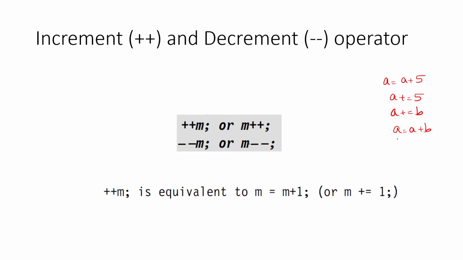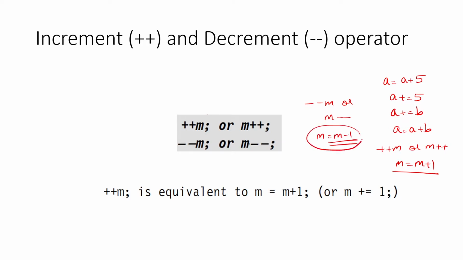Like that, when you write ++m or m++, that means m = m + 1. It is incremented by a value of 1. Similarly, when you write --m or m--, it is equivalent to m = m - 1. It is decremented by a value of 1. Now, what is the difference between pre-decrement and post-decrement?